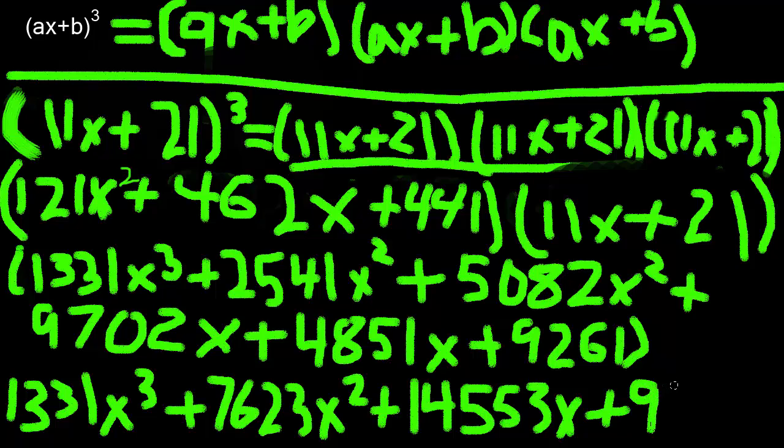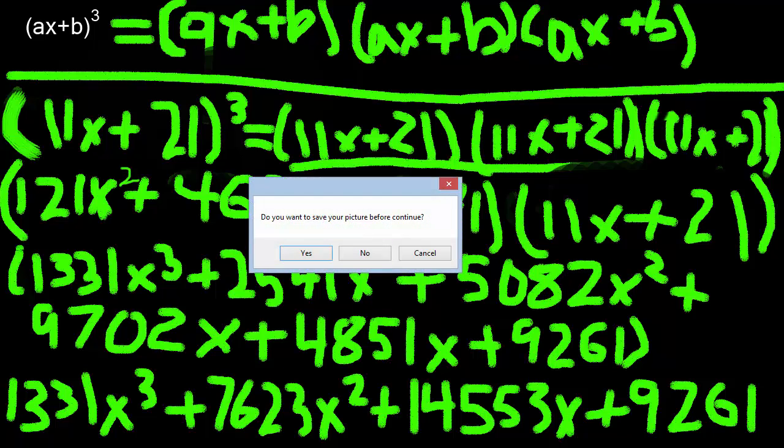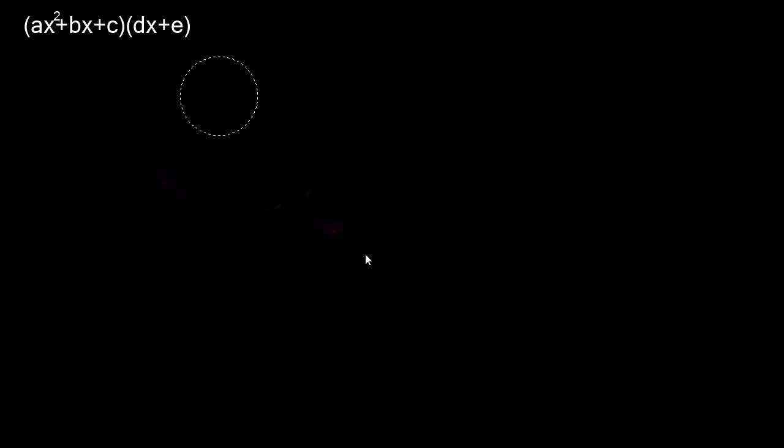And we have a plus 9261. And that is how you do ax plus b cubed. And obviously, some big numbers here. Usually you'll see an 8, max 8 or 9, but it's good practice always to do it with bigger numbers.